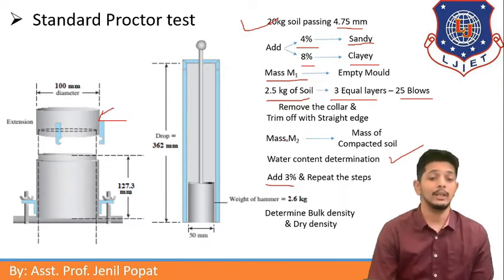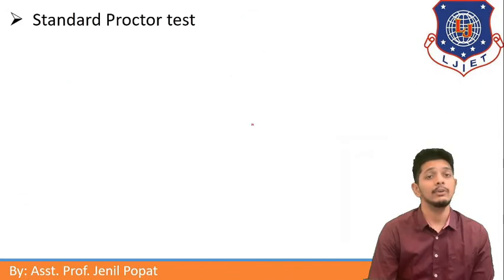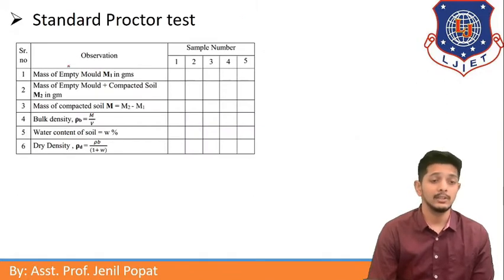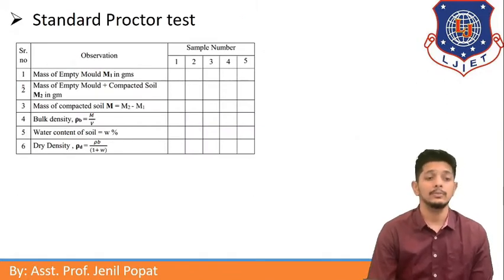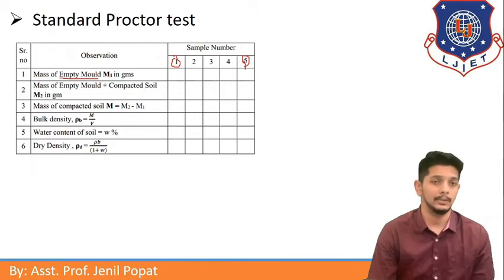After measuring M1, M2, etc., we will prepare an observation table like this. In the observation table, we have to put M1, which is the mass of the empty mold, in grams for sample number 1. We should take up to 5 samples. Then the mass of empty mold plus compacted soil, M2, in grams.